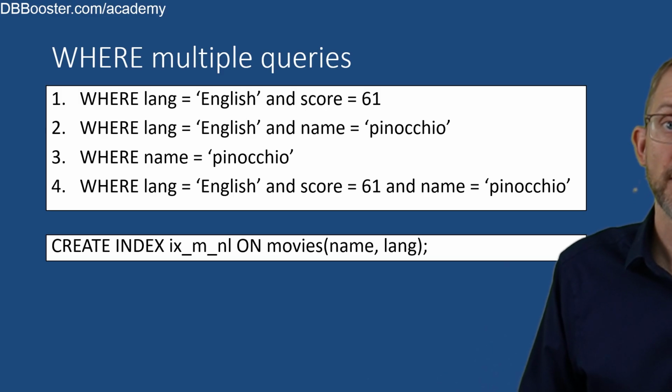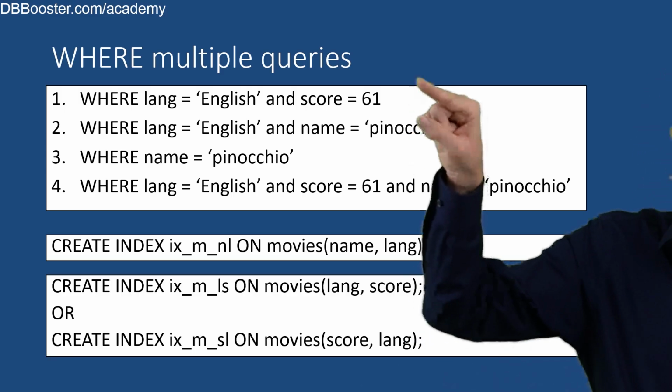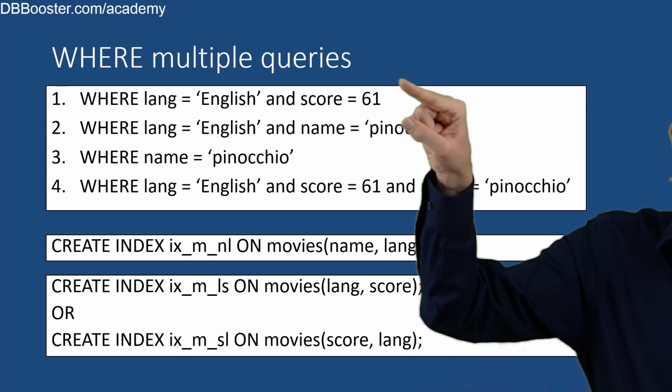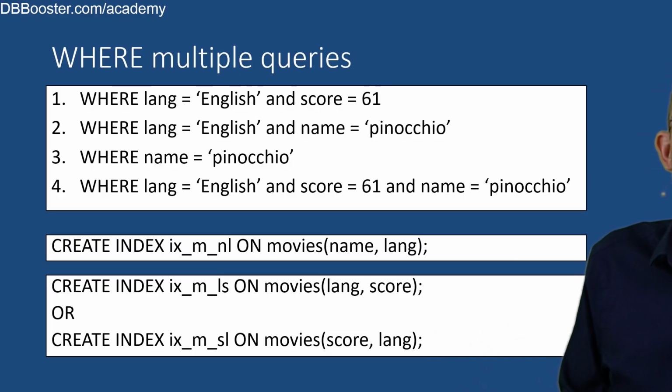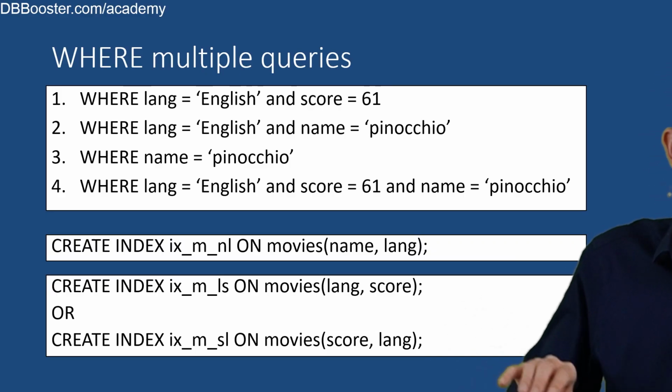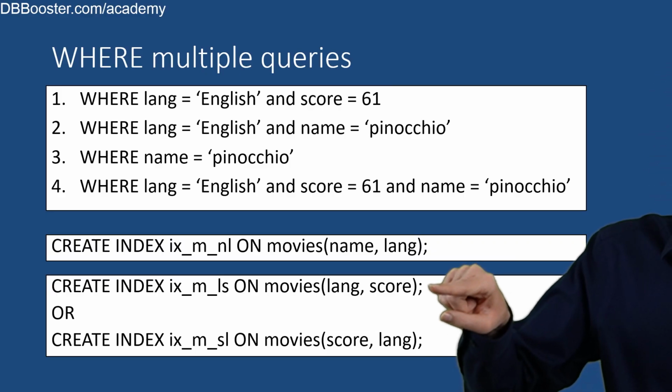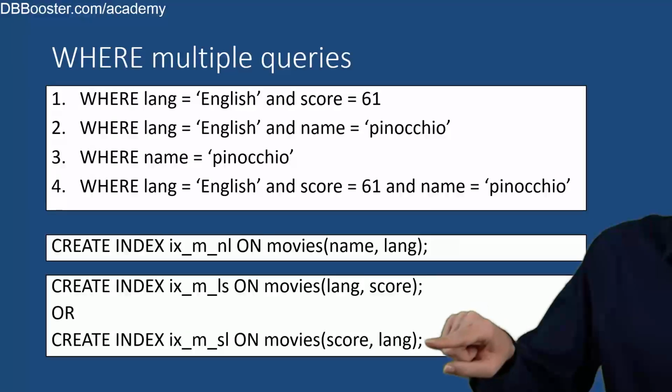Now for the first where clause, language equals English and score equals 61, with equality on both columns, the database can traverse with either order. So an index on language and score works, an index on score and language also works.